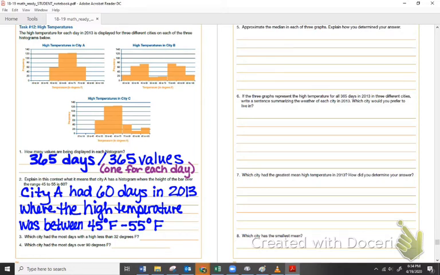But 25 to 30, they had just over 20 days. When I look at city C, they didn't have any days that were lower than 45 degrees either. So this would have to be city B.